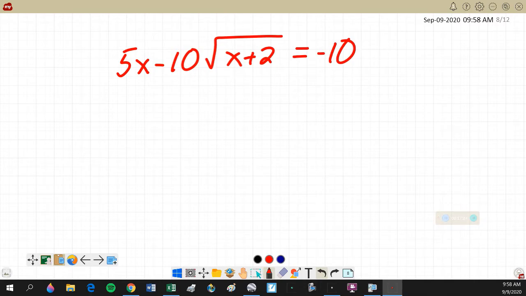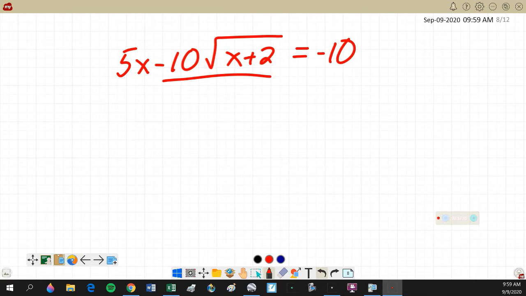Move the 5x to the other side. What's that? I would probably move this. Why do you think I would prefer to move that? The 10s wouldn't go away. I don't like negative numbers. So if I move the 5x to the right side, everything is negative on both sides.